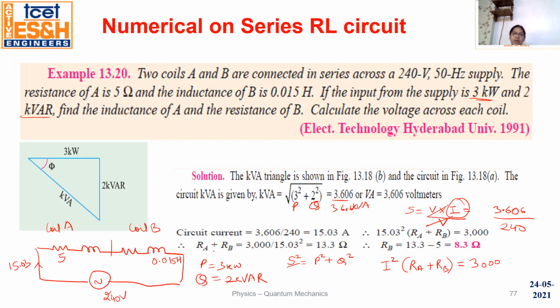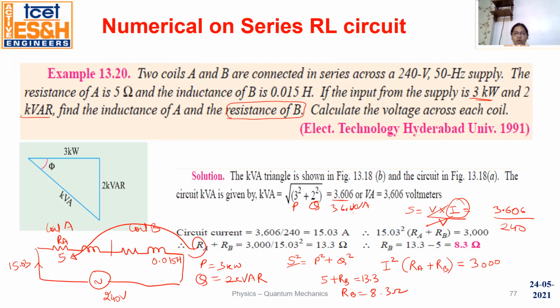RA is given, so put the value of RA equal to 5. So 5 plus RB is equal to 13.3. So RB is equal to 8.3 ohm. In this way, the resistance of coil B is calculated.